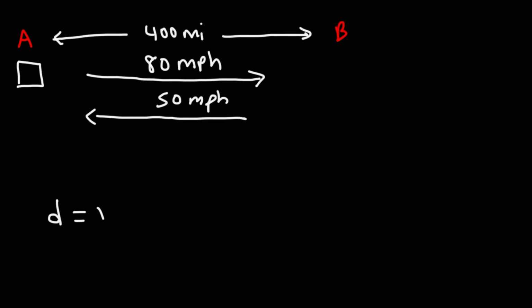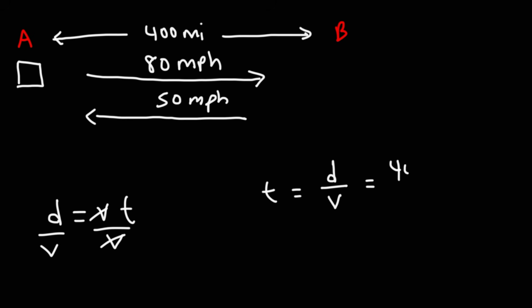Distance is equal to speed multiplied by time. Or you could say distance is equal to rate times time. We need to calculate the time first for each segment of the problem. Time is equal to the distance traveled over the speed. If you divide both sides by v, you get d over v for t.